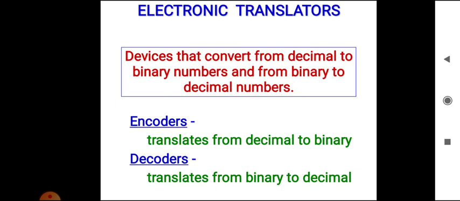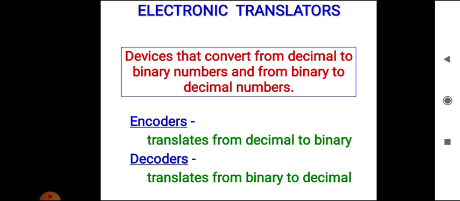That device or instrument is called an electronic translator. It has 2 types, that is encoders and decoders.